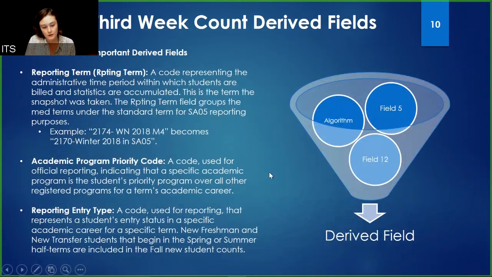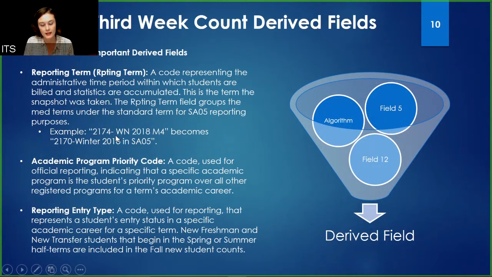Of our derived fields for third week, we got some top runners, and that's the reporting term. The reporting term basically takes all those terms that someone had asked about before and compresses them into just a standard term. So when you see a med term, that med term becomes just a standard term.